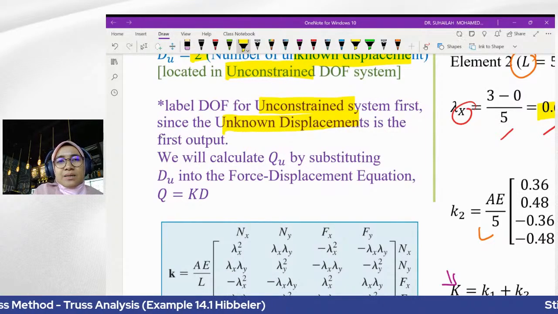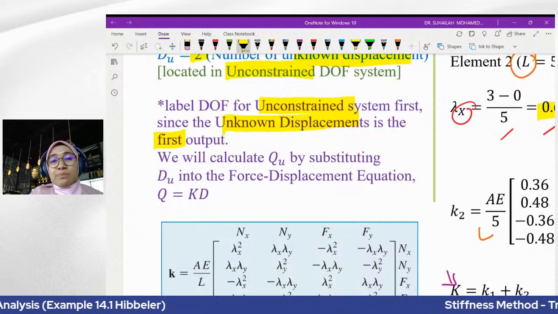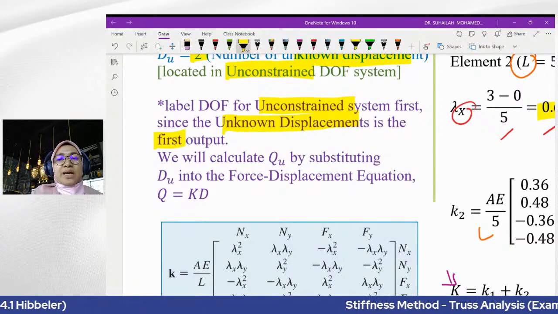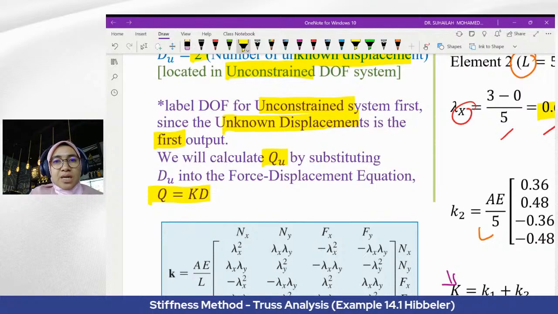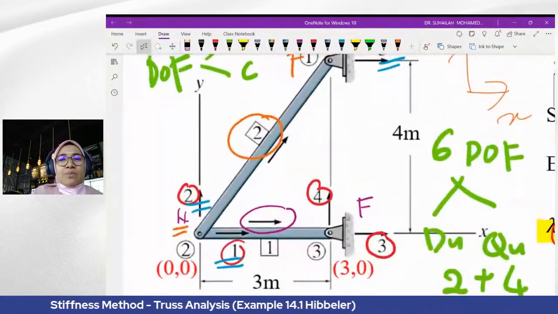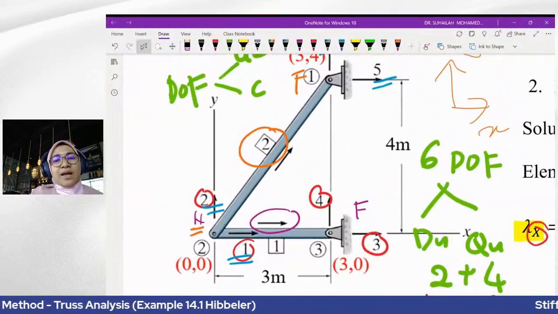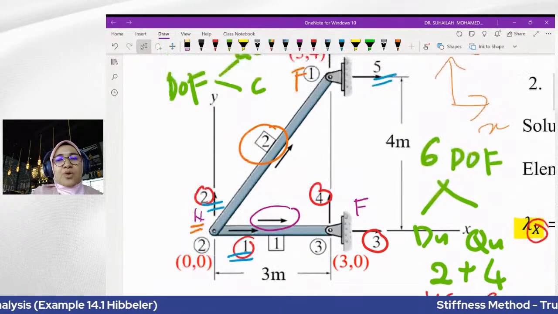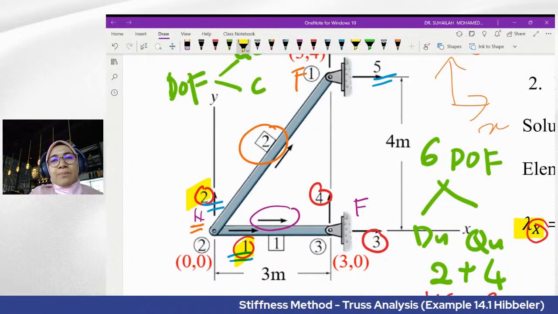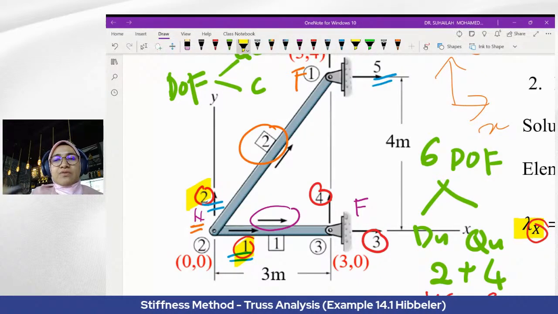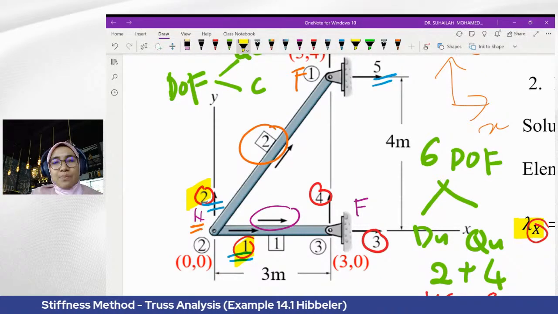Then only can we calculate QU from the force displacement equation. So after we identify that node 2 is unconstrained, we label 1 and 2 at node number 2, then only we label 3, 4, 5, 6 at the pin supports.